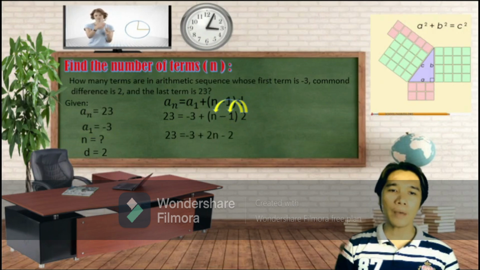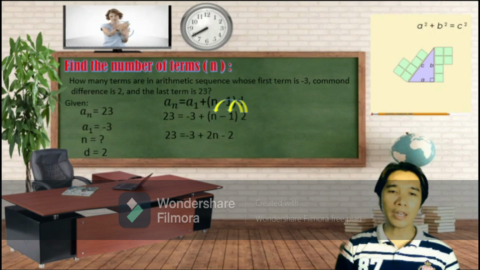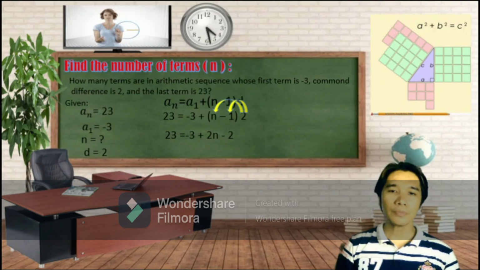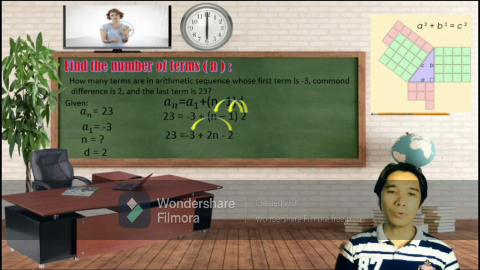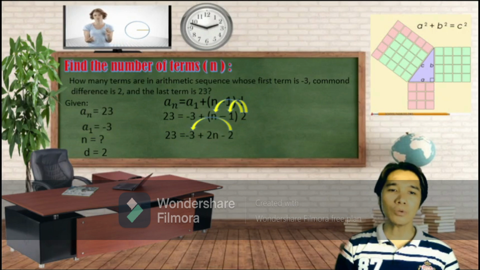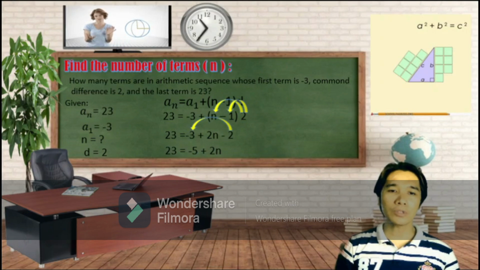So therefore, we have 23 is equal to negative 3 plus 2n minus 2. Then observing the equation, we can combine negative 3 and negative 2. So negative 3 plus negative 2, we have 23 is equal to negative 5 plus 2n.